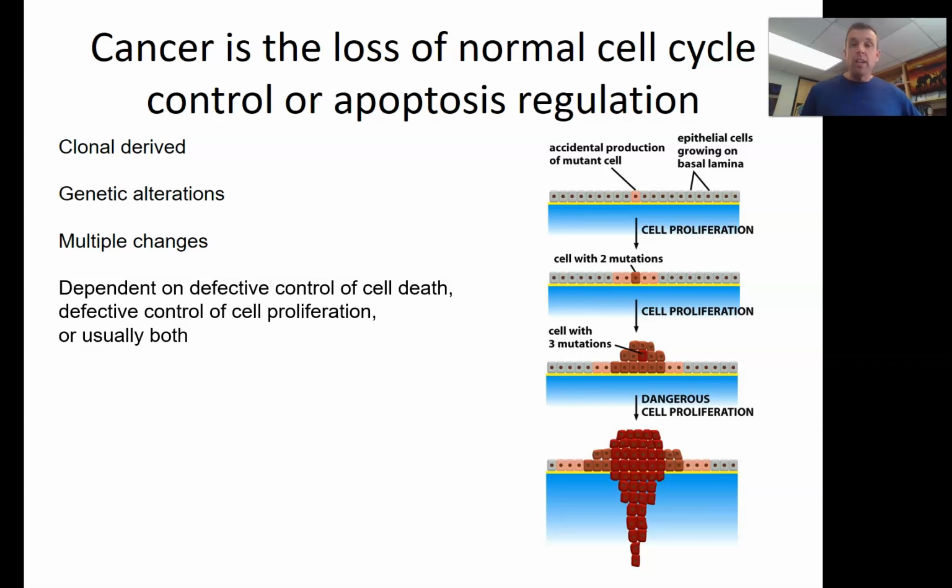So with that in mind, how does that relate to cancer being a disease of aging generally? Well, cancer is considered a disease of aging because it takes time for those multiple unfortunate mutations to accumulate and really cause cancer.